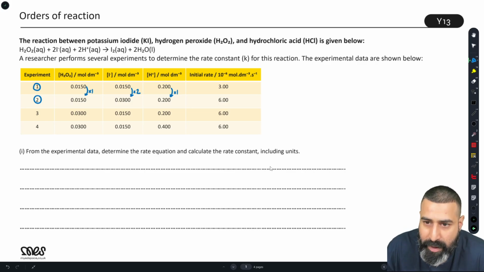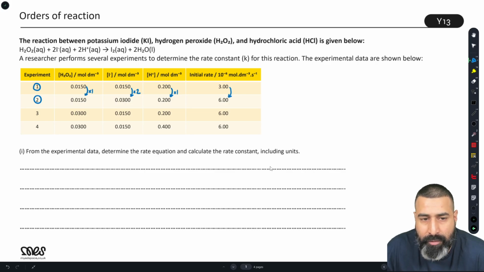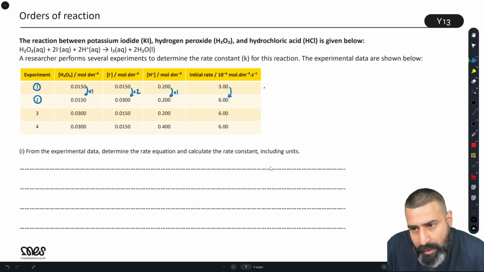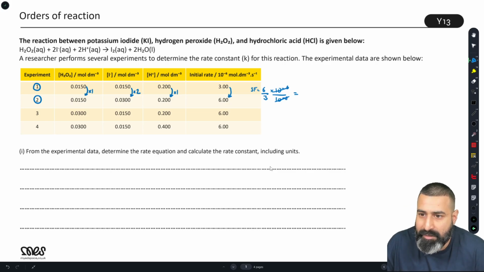So what we do is we go to the rates column and we see how going from 3 to 6 and see what that changes and try and calculate that change. So to work out the scale factor, it's going to be 6 over 3. The 10 to the minus 6 will cancel out here. So that gives us a scale factor of 2, so we're doubling the rate.